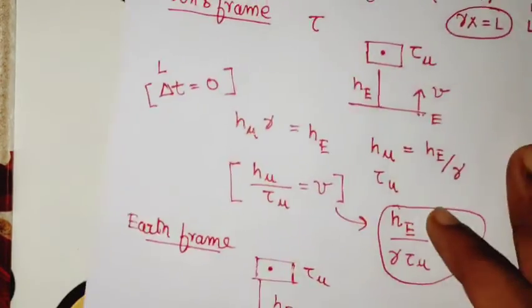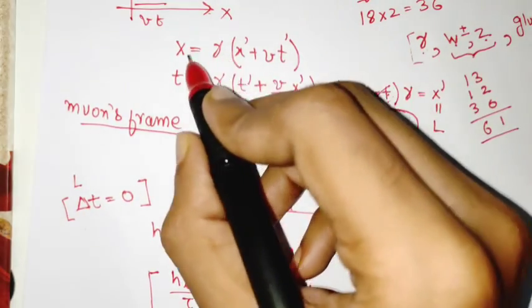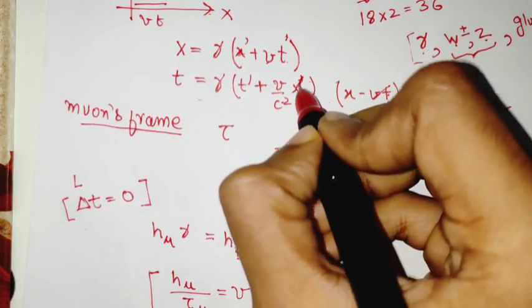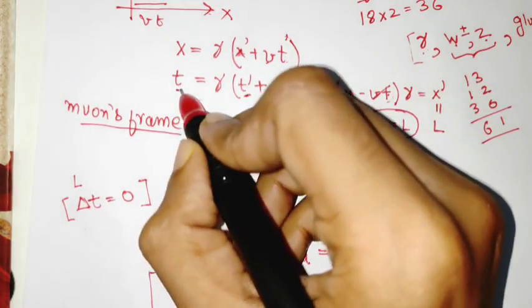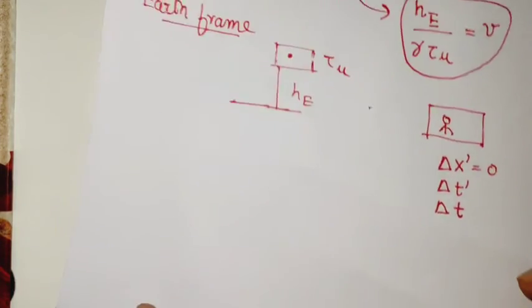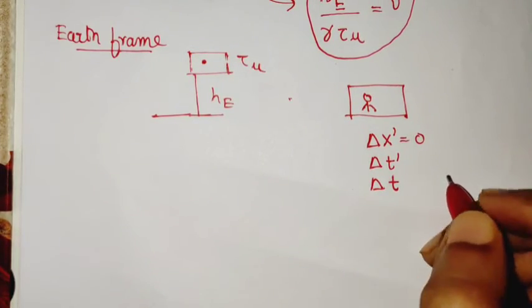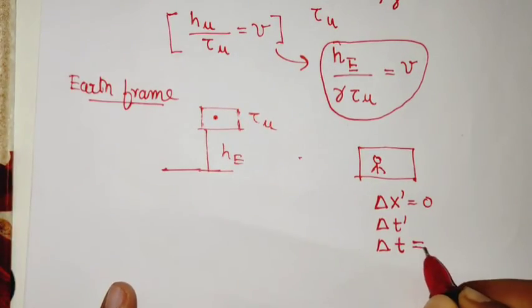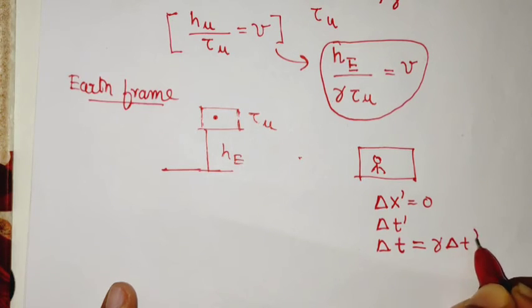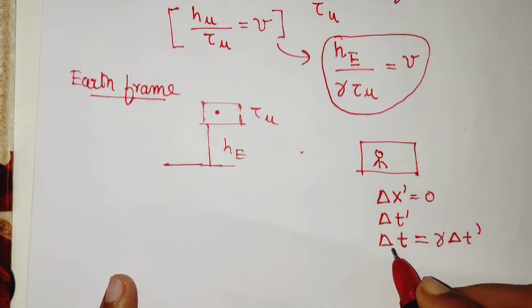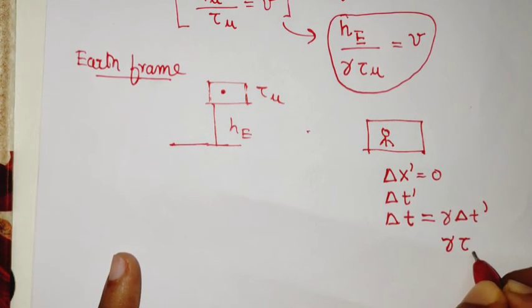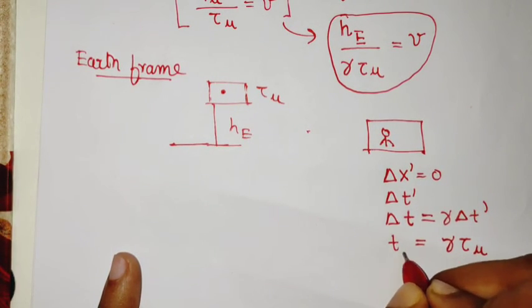They are related by the gamma factor. So delta t is equal to gamma times delta t prime. Here t prime is the moving frame, t is the rest frame, and the muon's frame is moving. So gamma times tau mu is the time in Earth's frame.